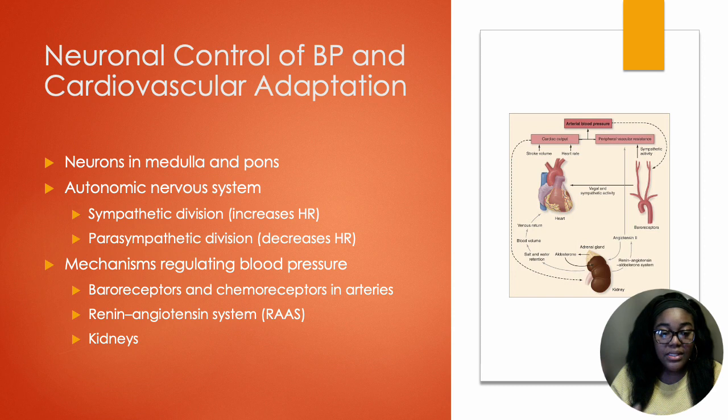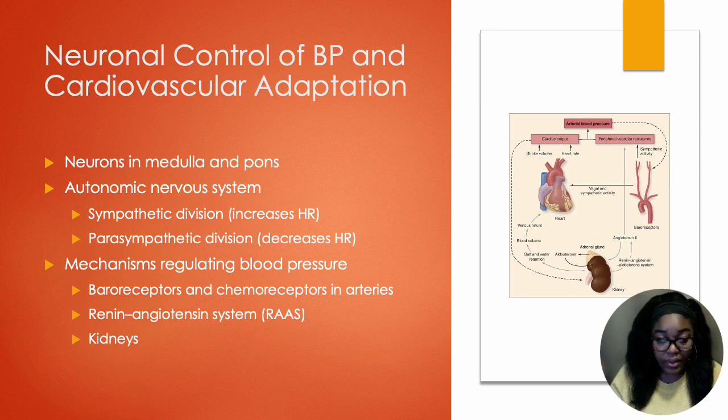So we have the sympathetic division of the nervous system, and that increases blood pressure and heart rate. Again, this is in response to maybe a fight or flight response. Whenever we activate the sympathetic nervous system, we're shunting blood into the heart and from non-essential organs in order to either have a fight response or be able to run away.